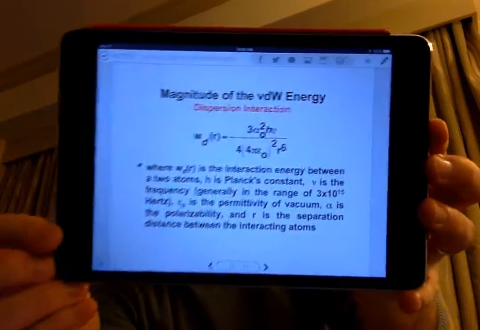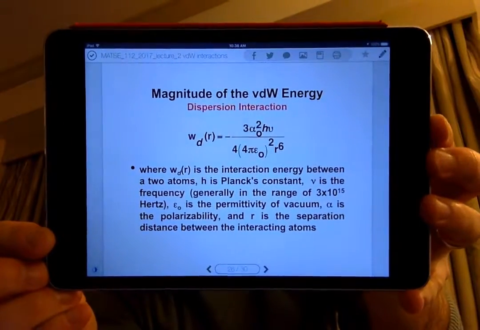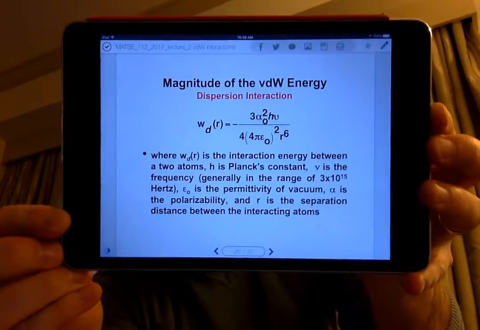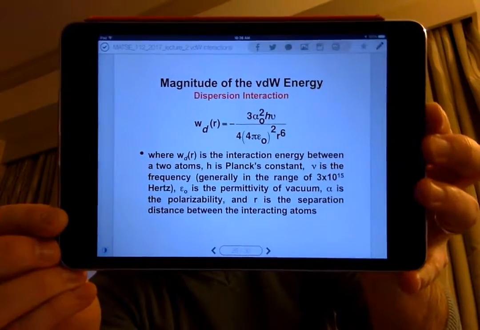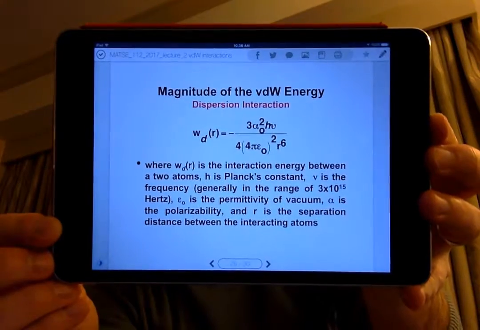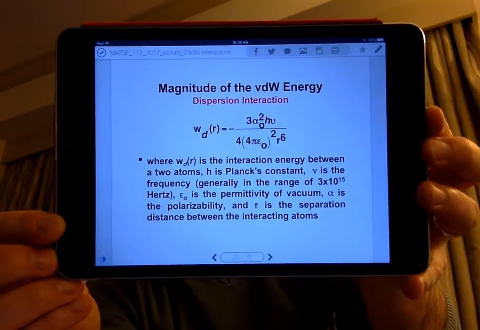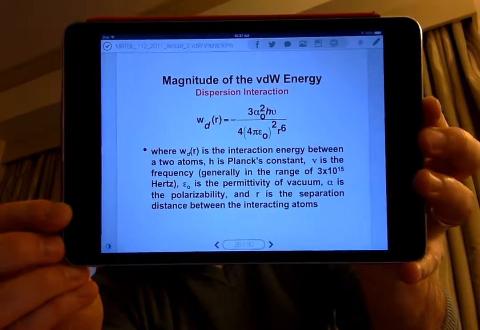In the dispersion interaction, remember that W is energy, so the energy of this van der Waals interaction for dispersion interactions is described by this equation right here. We will go through this equation in class, but what I want you to note specifically is the term right here that's related to 1 over r to the 6th.